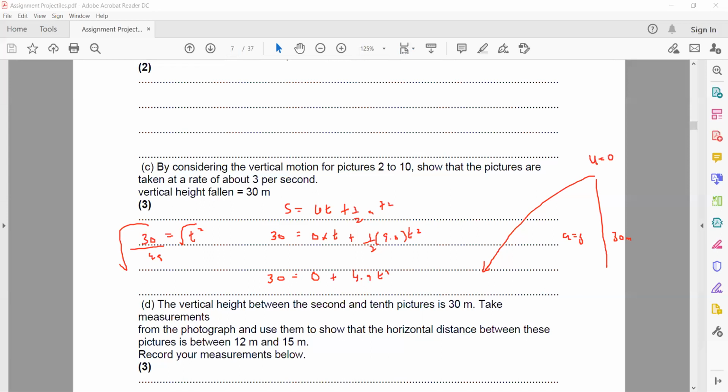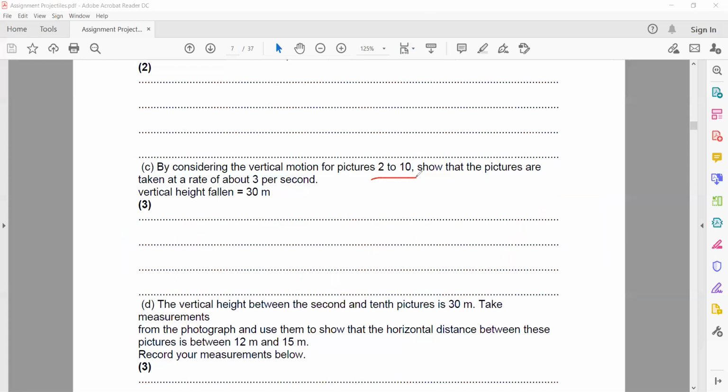So what does it show? We have to show that the pictures are taken at 3 pictures per second. So 2.5 seconds is the total time to fall this 30 meters. And in this 30 meters, how many pictures are captured from 2 to 10? So 8 pictures are there: 2 is there, then 3, 4, 5, 6, 7, 8, 9, 10.